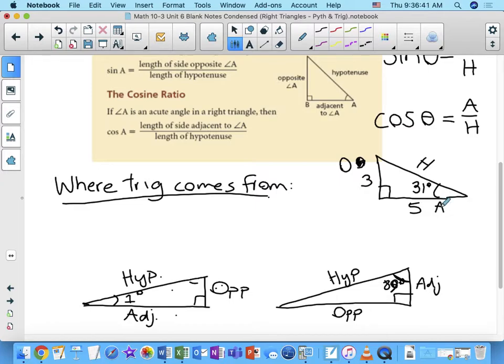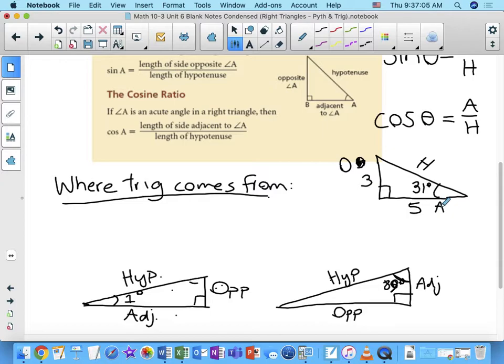Okay, so what we compared was we compared height to base. 3 over 5. Yes? Okay. Using this new labeling system, the sides that we were comparing were opposite over adjacent.